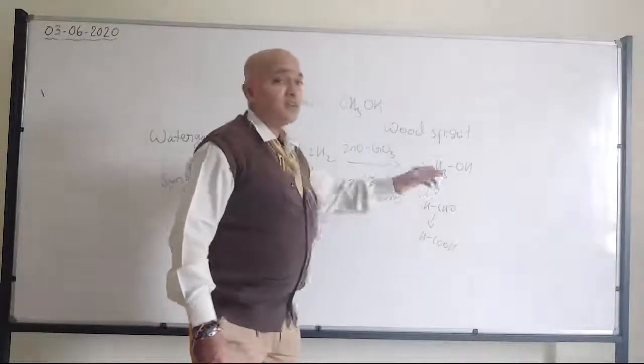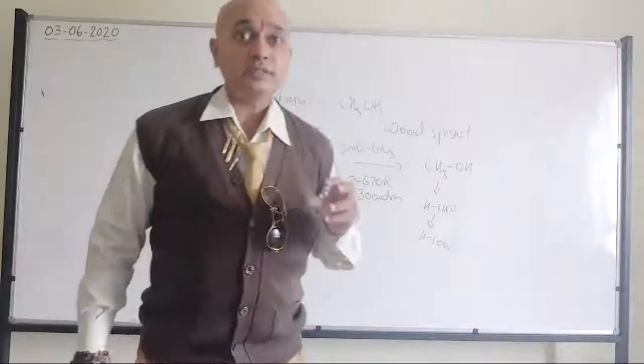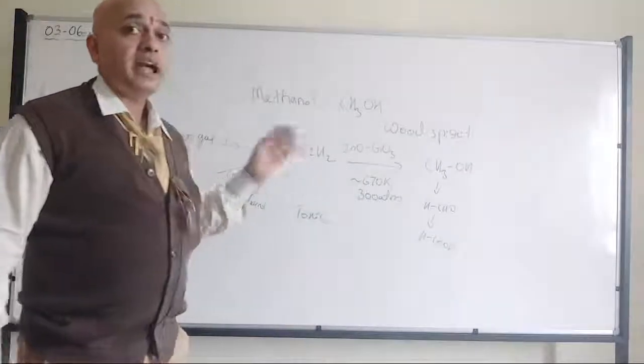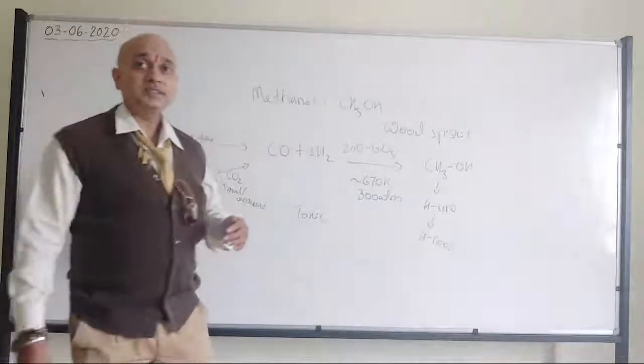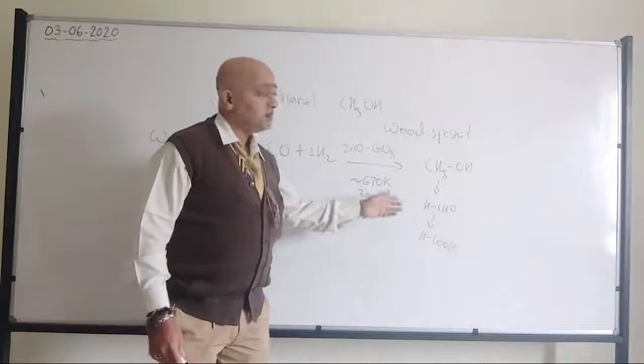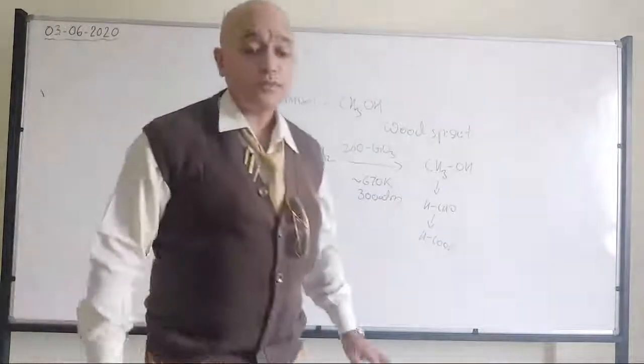Therefore methanol, even in a small amount, is toxic. A person can become blind. Nerves and tissues can be destroyed because these organs depend on the electron transport chain.